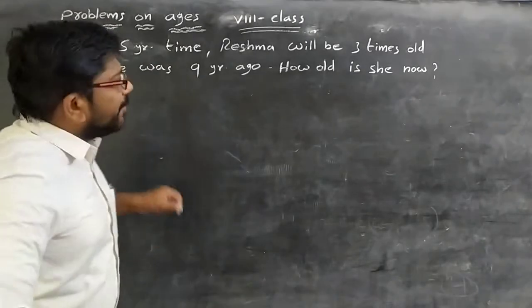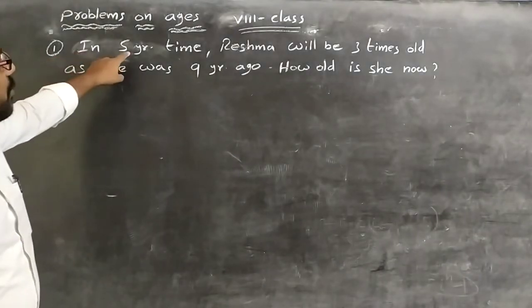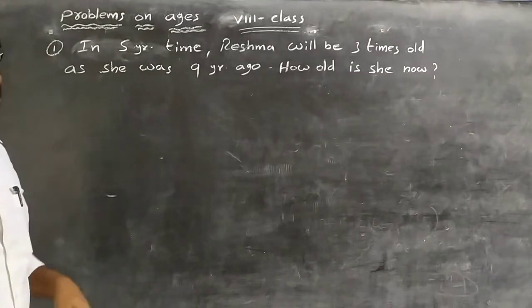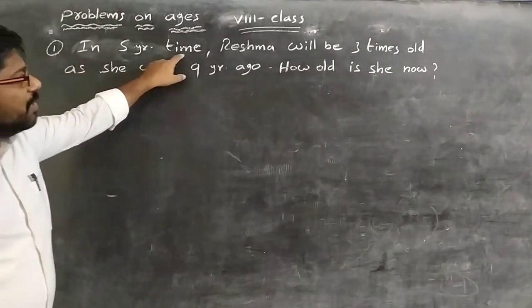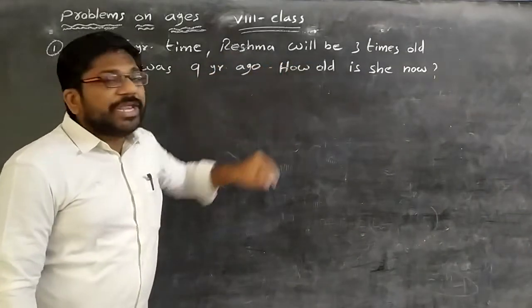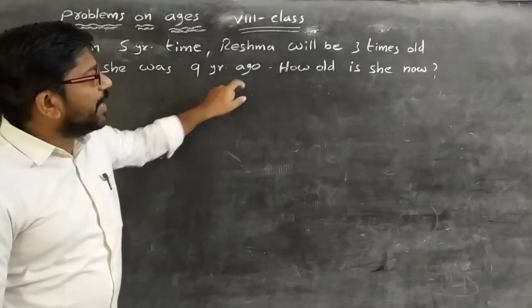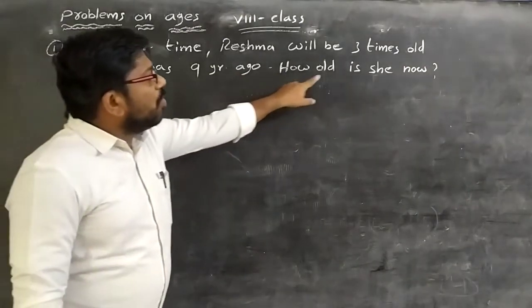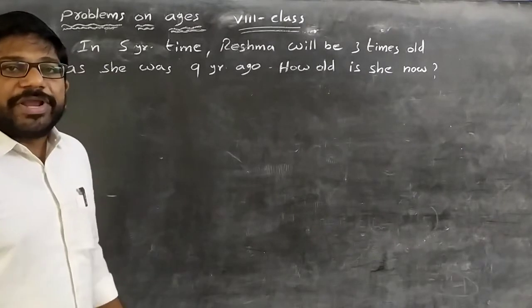Listen carefully. The first problem: in 5 years time means after 5 years, Reshma will be 3 times as old as she was 9 years ago. How old is she now? That means, what is the present age of Reshma?